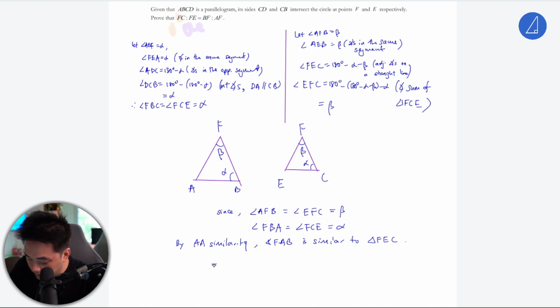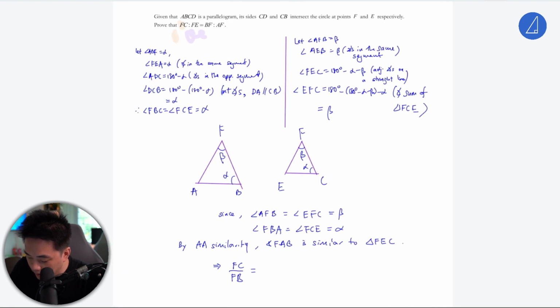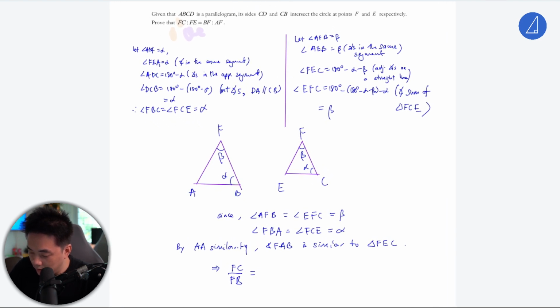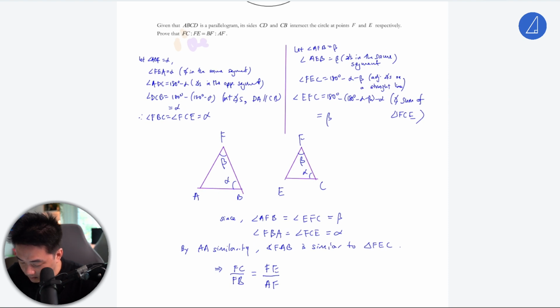Hence, FC over FB is equal to FE over AF. Okay, so is that it?